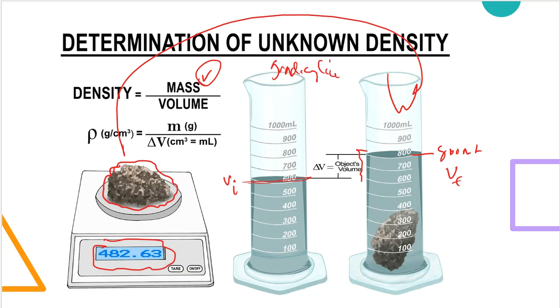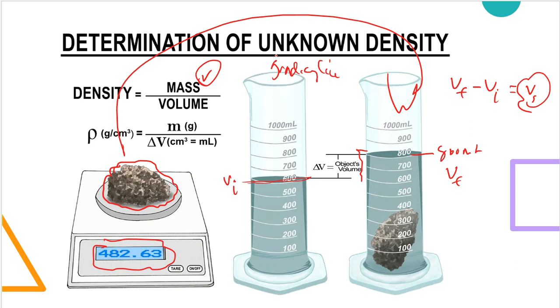So if I take the final volume and I subtract the initial volume, I get the volume of the solid object that I am working with. That's a little squiggly S at the very bottom. They will shorthand this. Anytime we do subtraction or what they quote change of volume, change of temperature, change of mass, change.